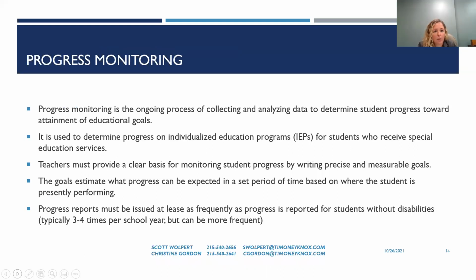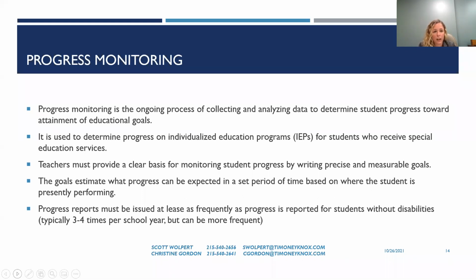Okay, the next slide is progress monitoring, which is a critical educational record for your child's education. Each student with an IEP has specific goals and objectives to accomplish within the IEP term of a school year, and they address that student's individual needs.